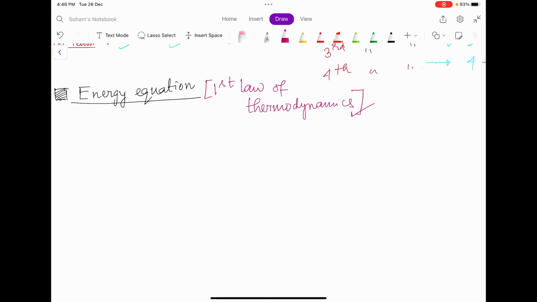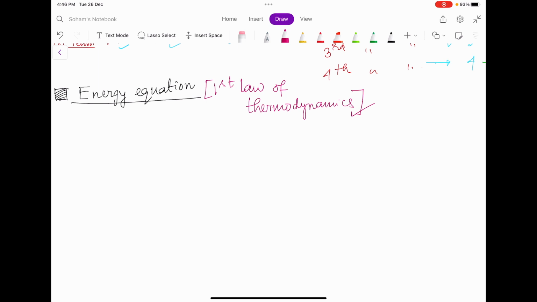So the first question should be: if this is the energy equation and it is equivalent to the first law of thermodynamics, then we all know the first law of thermodynamics, right? But what we have studied as the first law, the application of that equation, is very limited to some closed systems.